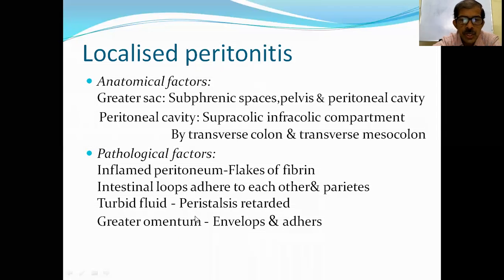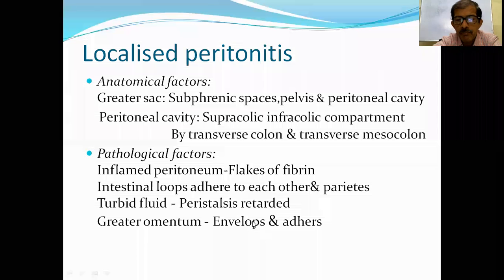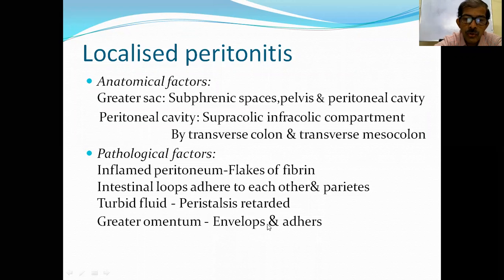And as all of you know, the policeman of the abdominal cavity, the omentum, will envelop. And I have seen cases where perforation itself is sealed by this omentum. And you might have known about appendix being covered and then producing appendicular mass, thereby localizing the inflammation. So these are the anatomical and these are the pathological factors.